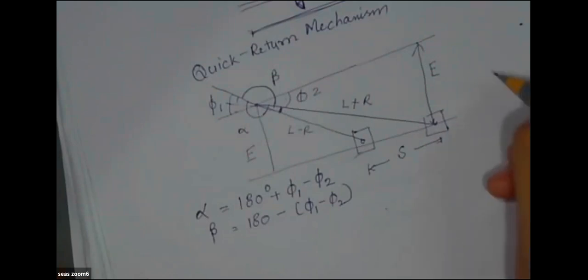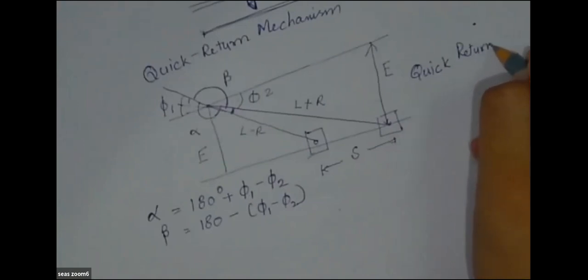So, the ratio of alpha to beta, you can say there is this term called quick return ratio.